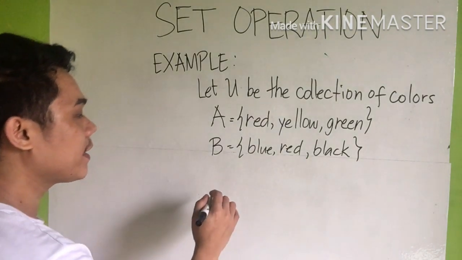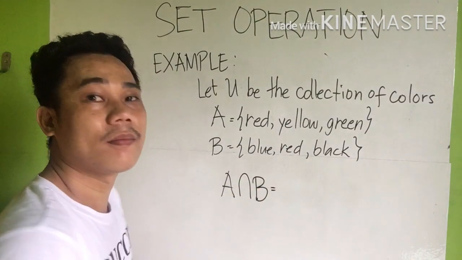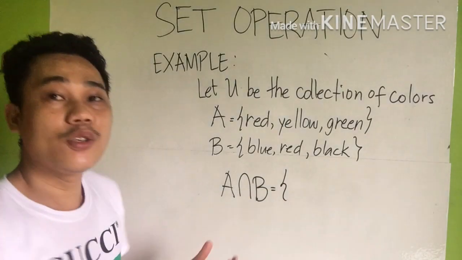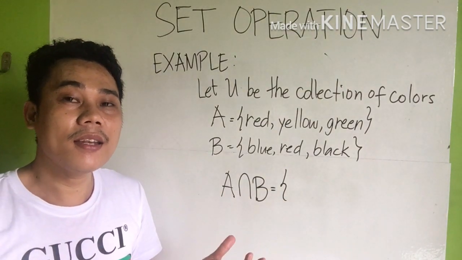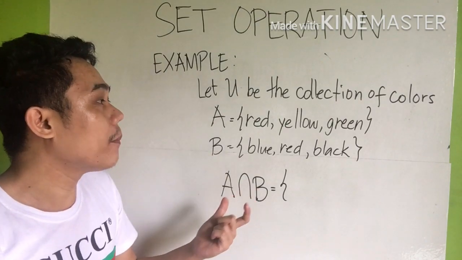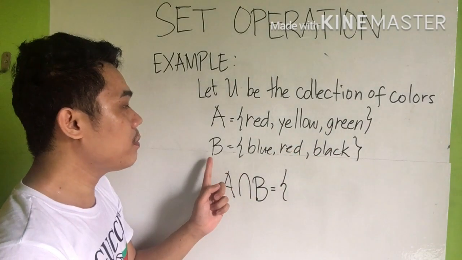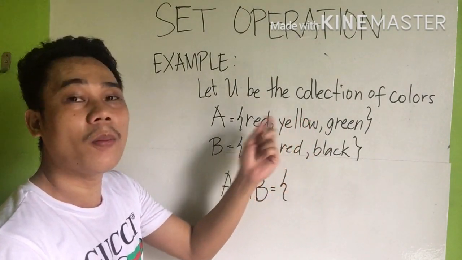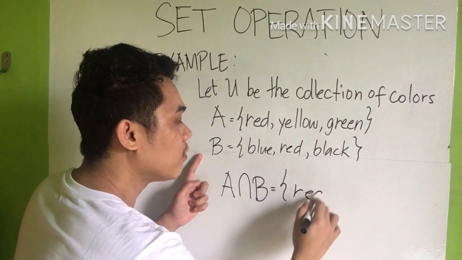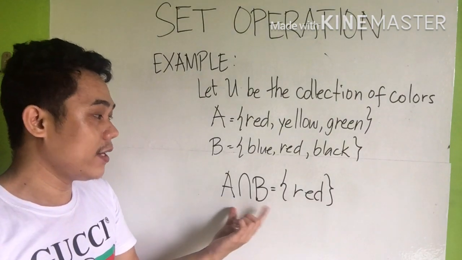So, let us find A intersection B. Yung A intersection B, again, is common ng A at the same time common ng B. Yung A, meron siyang red, yellow, green. Yung B, blue, red, black. So, ano yung common ng A, common ng B? We have red. At wala nang ibang common sa A at saka B.